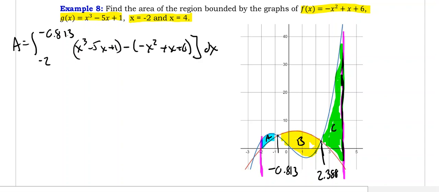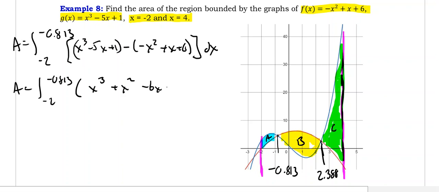And when you simplify all of that, you end up with the integral of x cubed plus x squared minus 6x minus 5 dx.